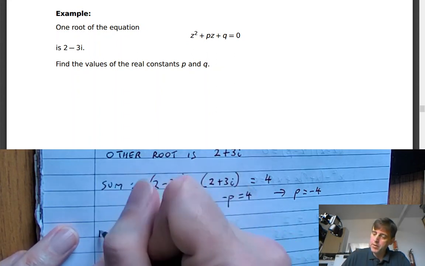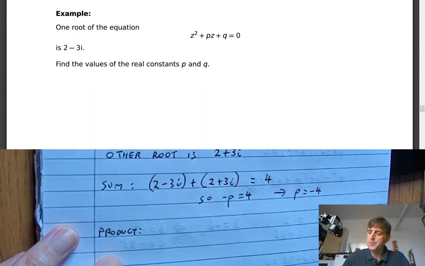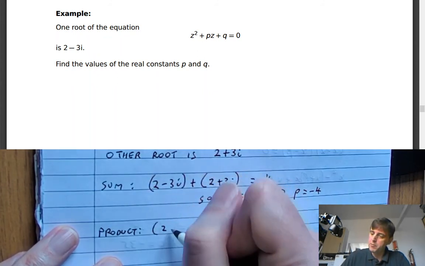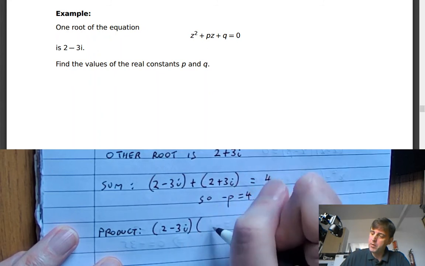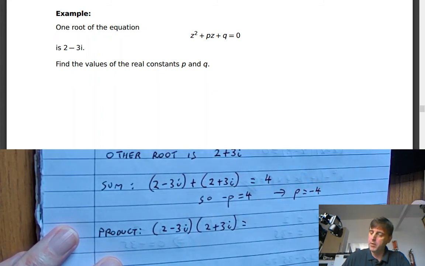Now let's look at the product. What happens when we multiply these two things together? Well, let's just quickly do that. 2 minus 3i multiplied by 2 plus 3i. Let's multiply that out. So 2 times 2 is 4. 2 times the 3i is 6i, but then that's going to cancel with the minus 3i times the 2 here, which is minus 6i, so I won't bother writing that.